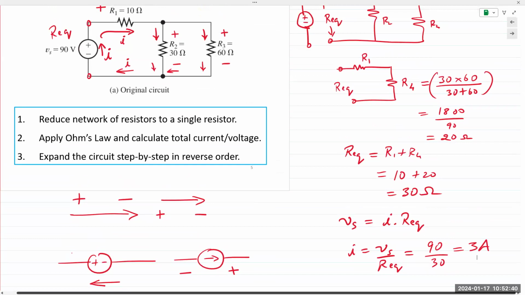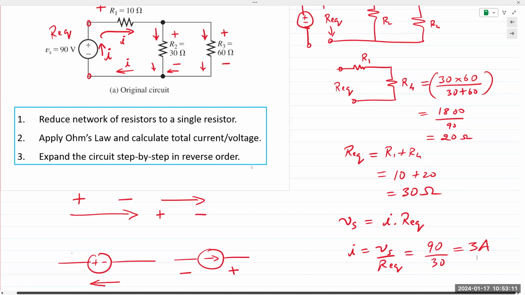All right, let that sink in. Let me know if you have any questions. So far, so good. So now we have found the total current I flowing through the circuit. Now we expand it back up again and we apply that value to the resistors.